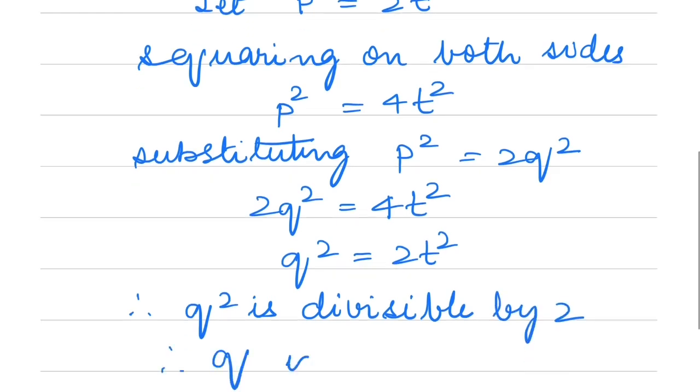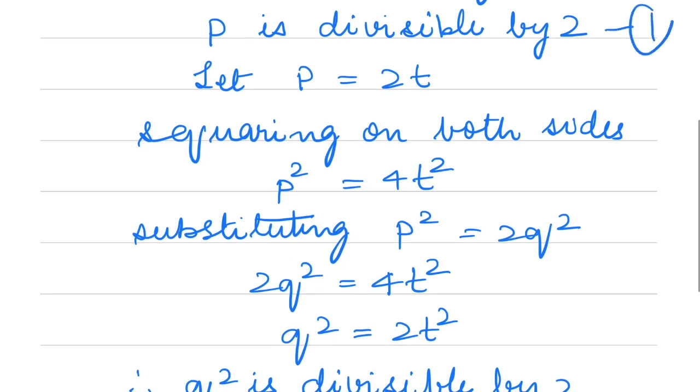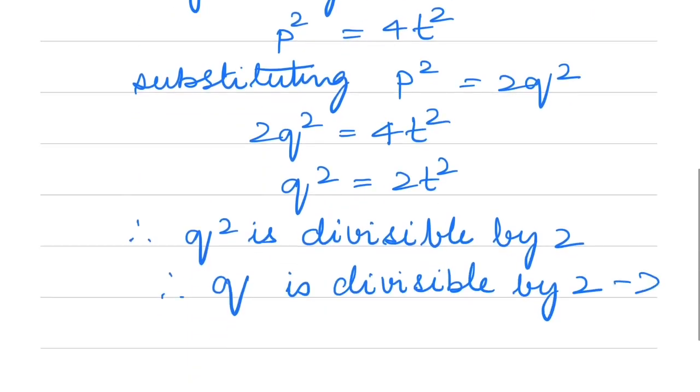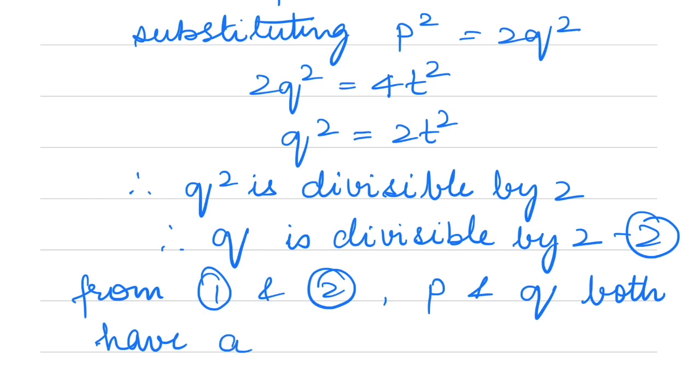Therefore, q is divisible by 2. So let this be the first and this be the second statement. So from first and second, we know p and q both have a common factor 2.